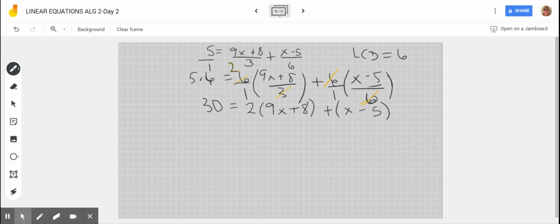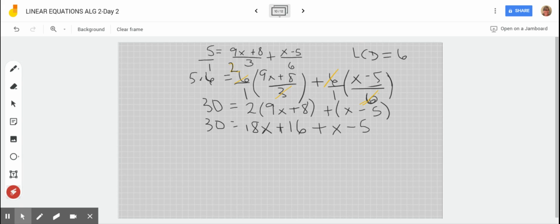Now, I could have gotten rid of the parentheses. I'm just going to do it in the next step, because if this were a minus, we need to be super careful about getting rid of those parentheses. So now continuing, 30 is equal to 18x plus 2 times 8 is 16, plus x minus 5.